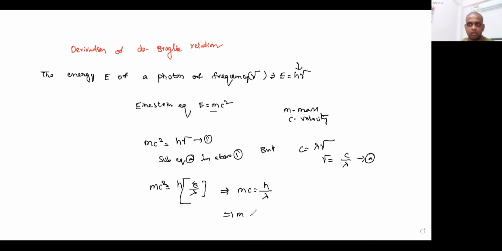Rearranging the equation, lambda is equal to h by m into c. The product of mass and velocity is called momentum, where p is the momentum of the photon. I hope all of you understood this derivation.